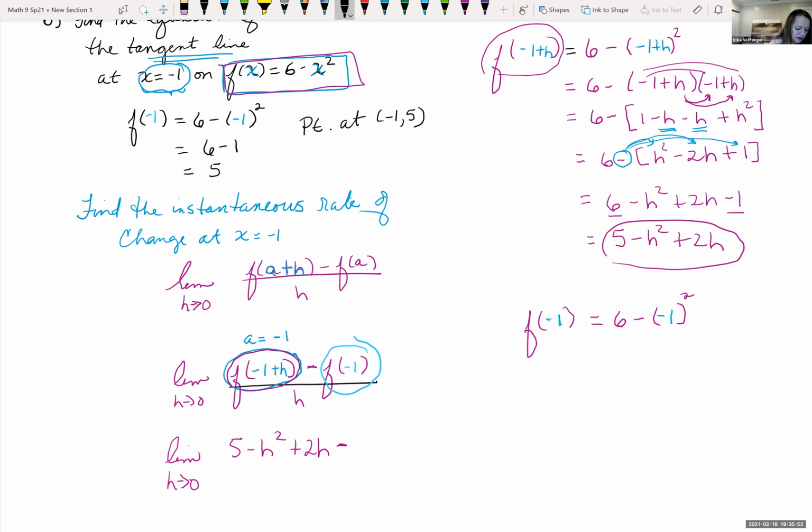We've already done this calculation before. This is 6 minus -1 squared was +1, and 6 minus 1 was 5. So now we're going to replace this f of -1 with 5, so -5. And then we put this whole limit all over the variable h.